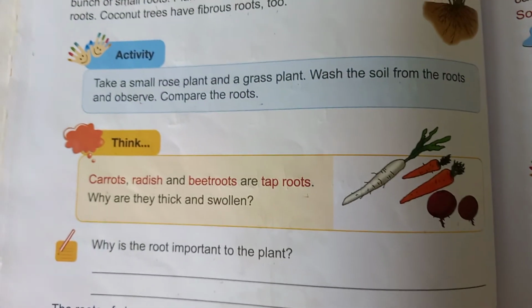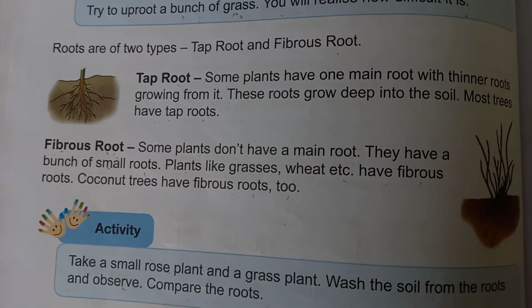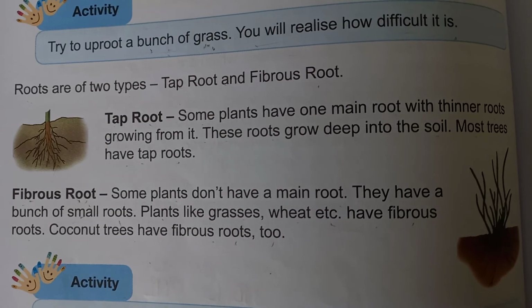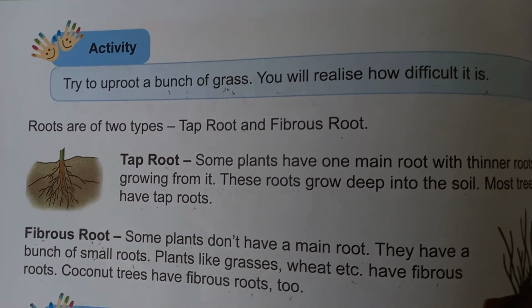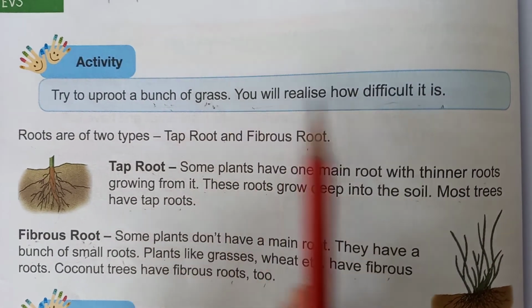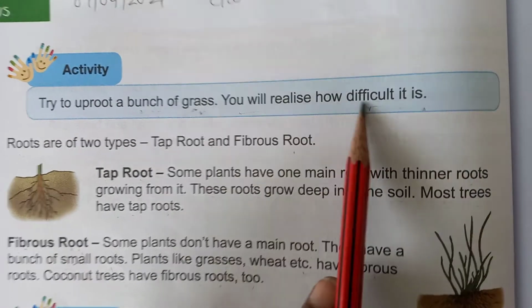Next, children, in my next class I will draw the picture of a taproot and a fibrous root, and I will explain more about it. If you want, you can do this activity: uproot a bunch of grass and you will realize that you can't pull it out very easily. It is difficult.